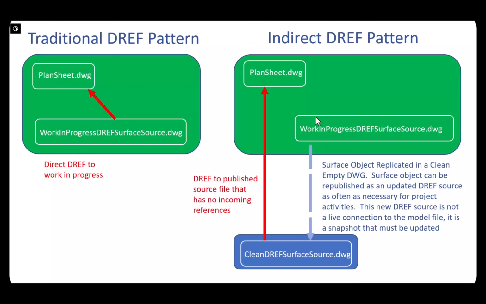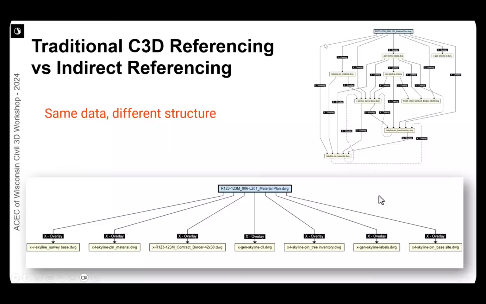So if we could just extract that surface from the work in progress model file and put it into a clean, empty DWG file and make that the source of our references, it would definitely break circular reference patterns. It would break that chain of extended relationships, and it's going to create smaller, lightweight reference source files that only have the content that we're trying to reference and not all the other baggage that's in our work in progress model files.